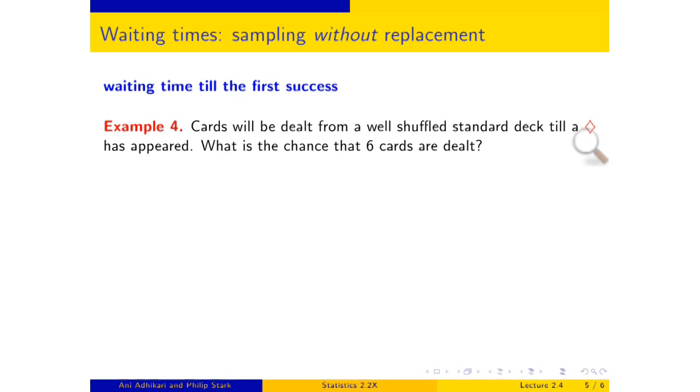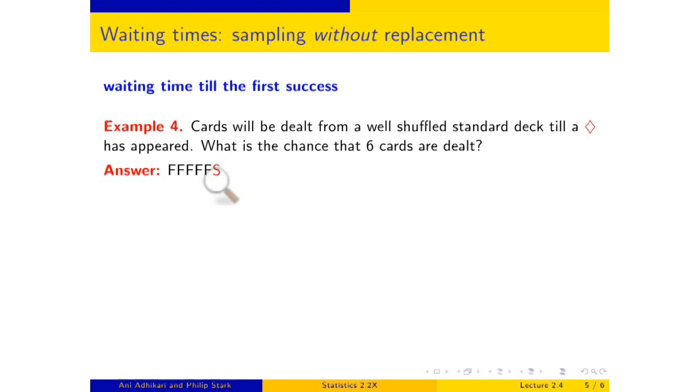And the question I'm asking is the chance that 6 cards have to be dealt for this to happen. And what does that mean? As we said before, this means that on the 6th card, you had your first diamond appear. Do we know how to do this? Absolutely, we've just done it a few minutes ago. The pattern is 5 non-diamonds in a row followed by a diamond. That's the only way this could happen.